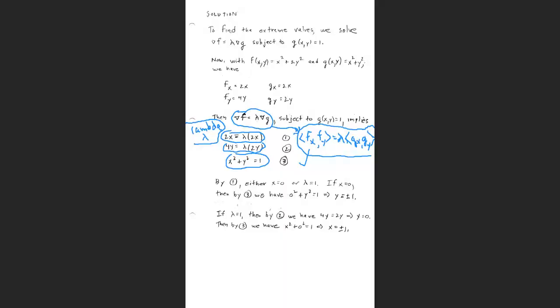Okay, so x equals 0, lambda equals 1. Let's go back to the problem at hand. If x were equal to 0, then by the third equation, y would have to be plus or minus 1.